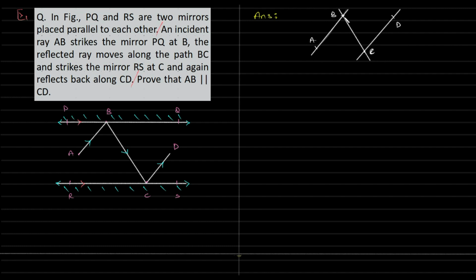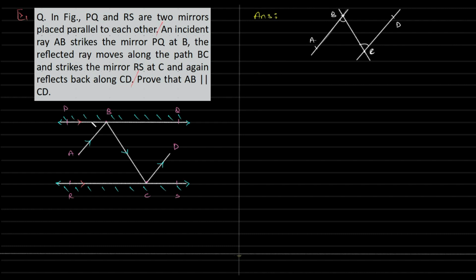So basically, if I prove corresponding angles are equal, that looks a bit difficult, right? Because the line ends over here. I think it's easier to prove these two alternate interior angles are equal, ABC and BCD. So how do you prove that?